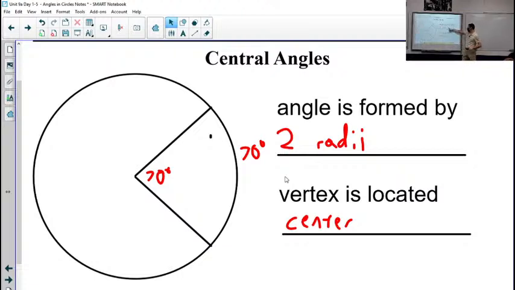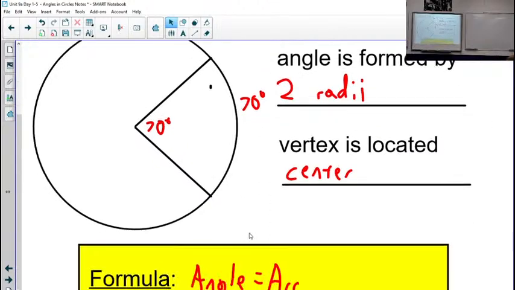The angles are formed by 2 radii. That's the plural of radius. And the vertex is located at the center. It's an angle at the center. And we're going to have formulas for how we can find the measure of the arcs of these different types of angles. For a central angle, it's easy. The measure of the angle and the measure of the arc are the same. So this is 70, this is 70. And then we'll talk about the rest of them and how the rest of those boxes are filled out tomorrow.